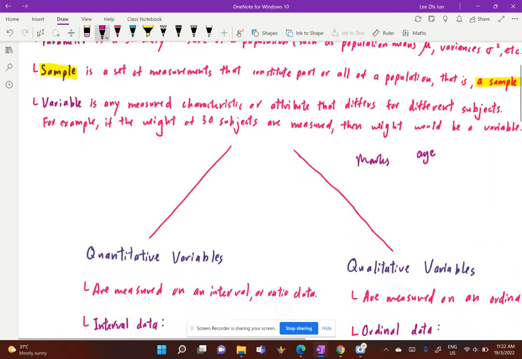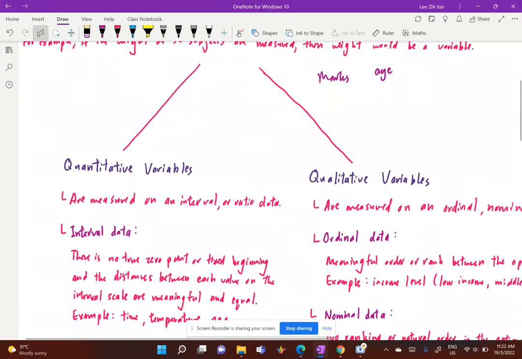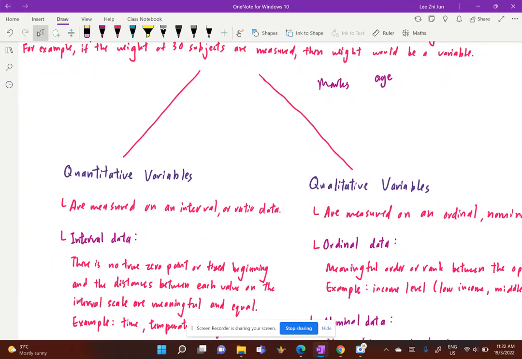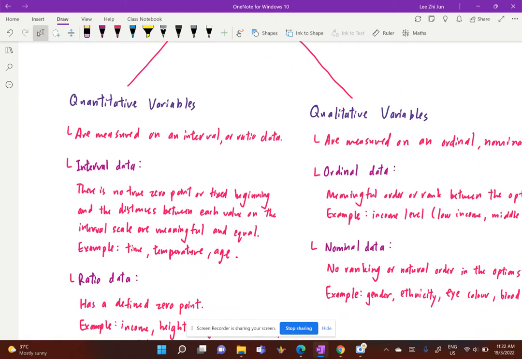The variable has two types, quantitative and qualitative. Quantitative can be measured while qualitative cannot be measured. Quantitative has interval data and ratio data, while qualitative has ordinal data and nominal data. These four data types are not so important in the syllabus, so I will just read them.